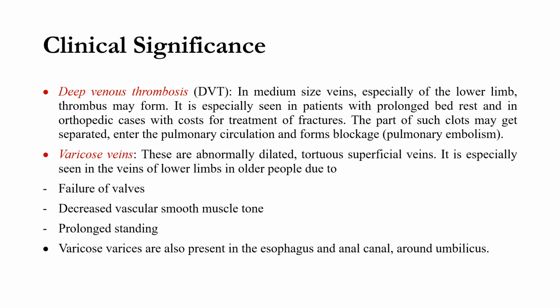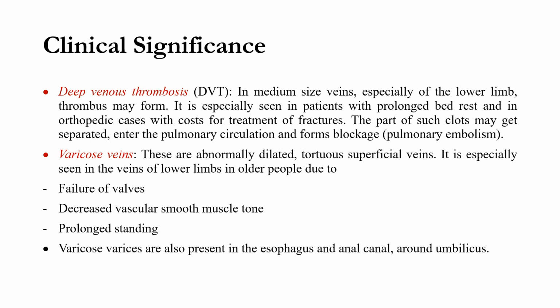In the anal canal, this dilatation is known as hemorrhoids, and if they rupture they can again cause bleeding. And the varicosity around the umbilicus is known as caput medusae, forming a spoke-wheel-like appearance.